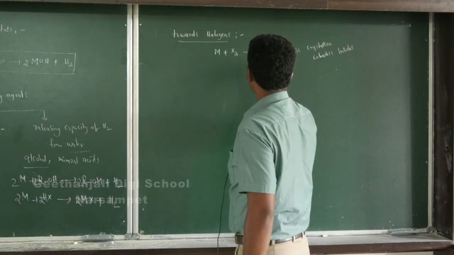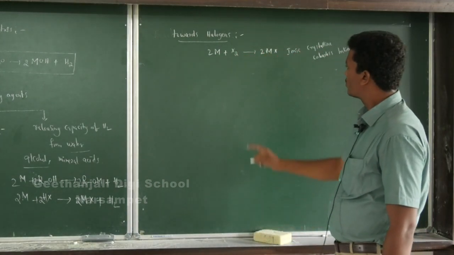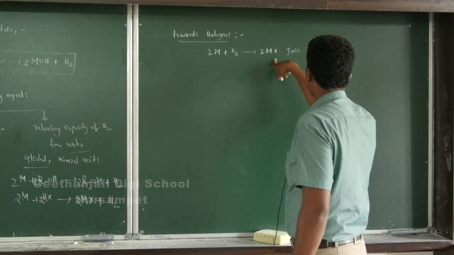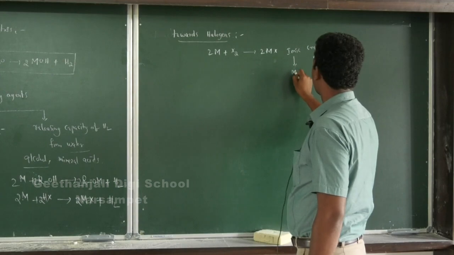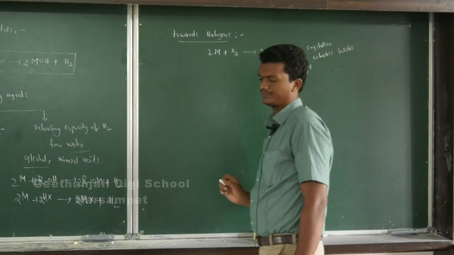As you have X2 on the left side, 2MX will be formed, so 2M is required. So when alkali metals react with halogens, they form MX type of ionic crystalline halides in which M is in +1 state and X is in -1 state.